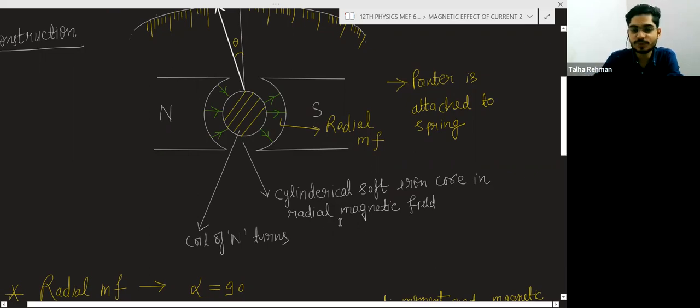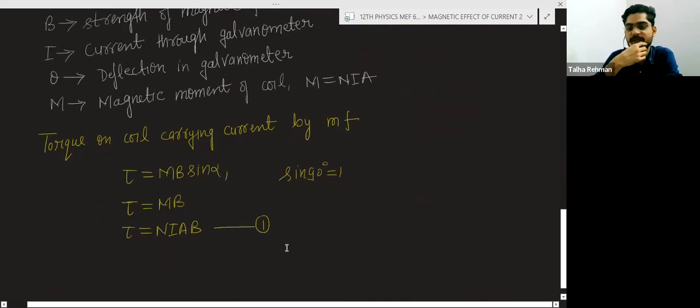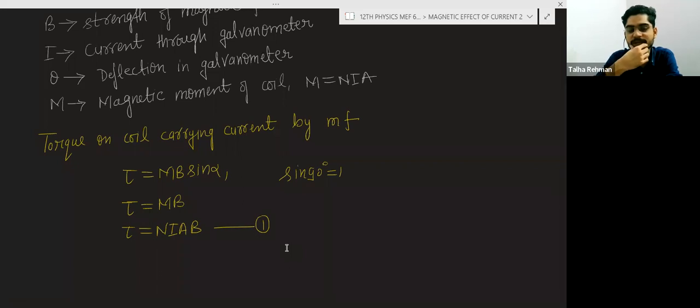So there will be the restoring torque by the spring, and that restoring torque is given by k into theta. K is the spring constant or torsional constant, and theta is the angle through which the coil is deflected.